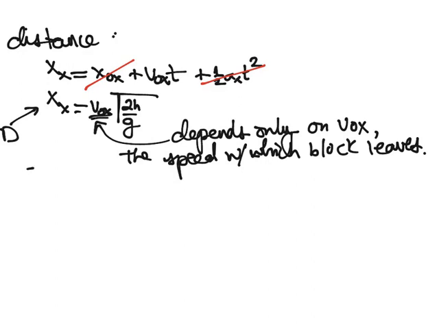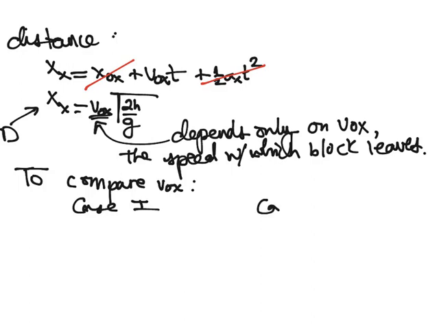So we can use conservation of energy. Okay, we have case 1 and case 2. In both cases, energy is conserved, so we have sigma E naught equals sigma E.